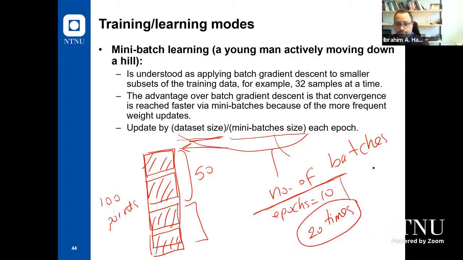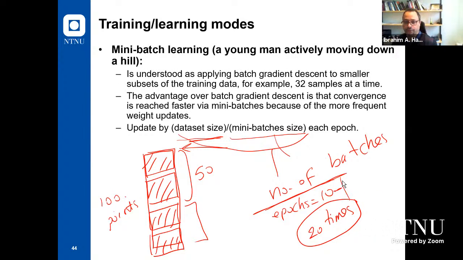So we require more epochs when we use mini batch learning? No. When you are training your model, you select a maximum number of epochs, correct? So if the maximum number of epochs is 10 and you go for stochastic gradient descent, the number of weight updates will be the number of data points times the number of epochs.